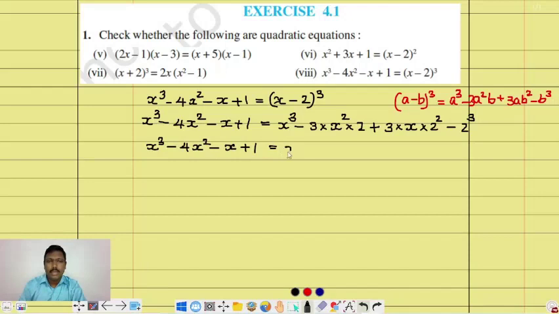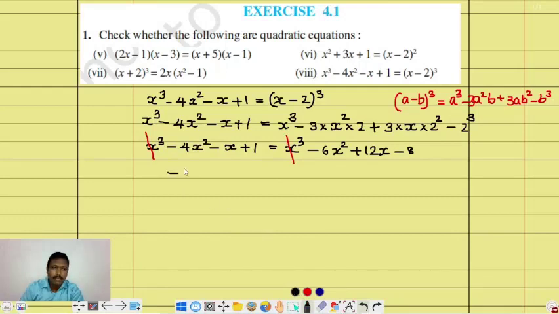equal to, here also we can write x cube minus 3 into 2 is 6x squared. Now here 2 square is 4, 4 into 3 is 12. So it will be 12x minus 2 cube is how much? 8. Now from both sides we have to cancel the same. So here you can see x cube and x cube are same, so it will be cancelled. Now we have to transpose other terms.